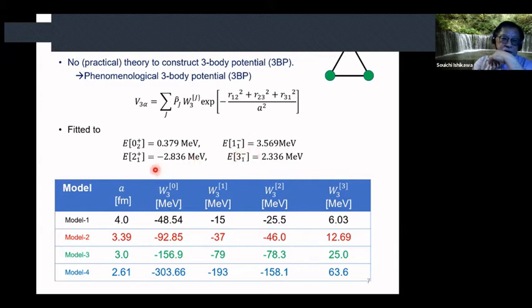For the 2 plus state, we have a bound state, so the strength parameter is determined to reproduce the binding energy of carbon 12. The resulting parameters are something like this. So anyway, I have at least 4 different models, which correspond to 4 different range parameters for the 3 alpha potentials.